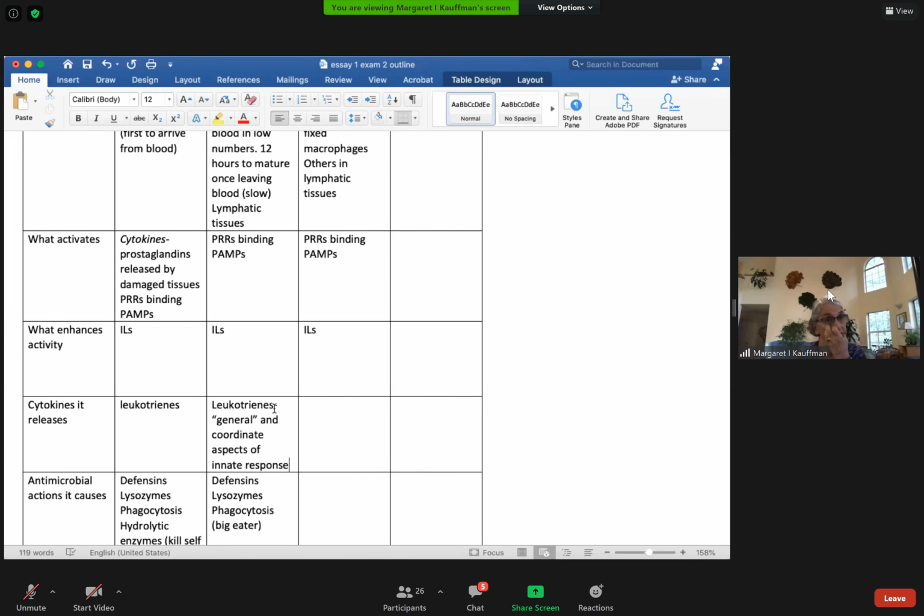Or they could be releasing tumor necrosis factor alpha that's in the table, which you can tell from its name tends to cause a degradation of tumor tissues. So it does more than just act locally, it acts at a distance. And that's how I got this idea of it being the general. It's running the show in the innate response, more than, say, the neutrophils.